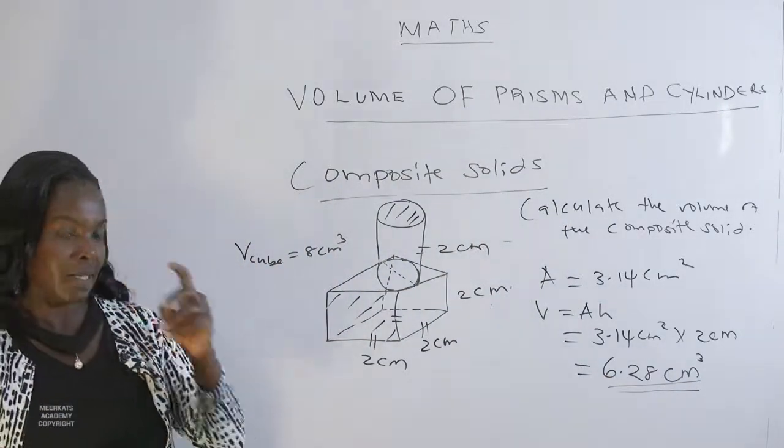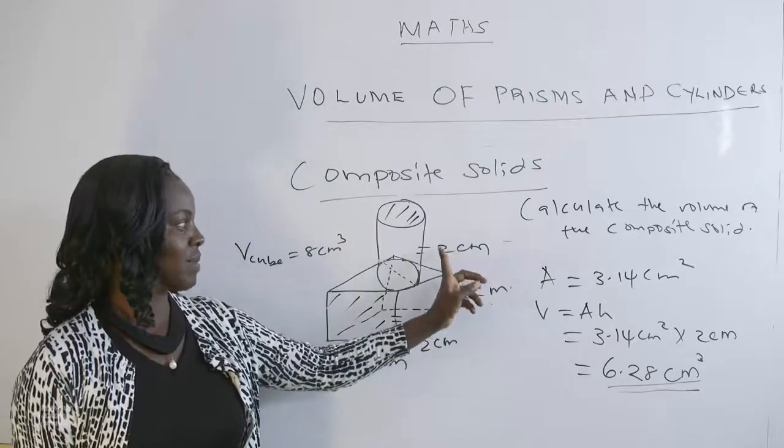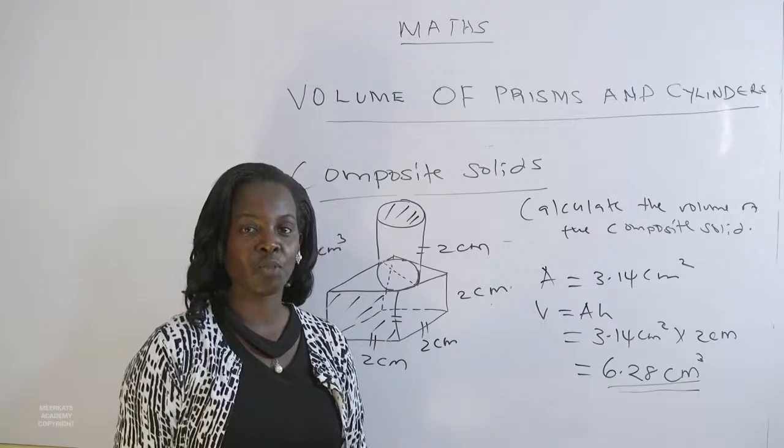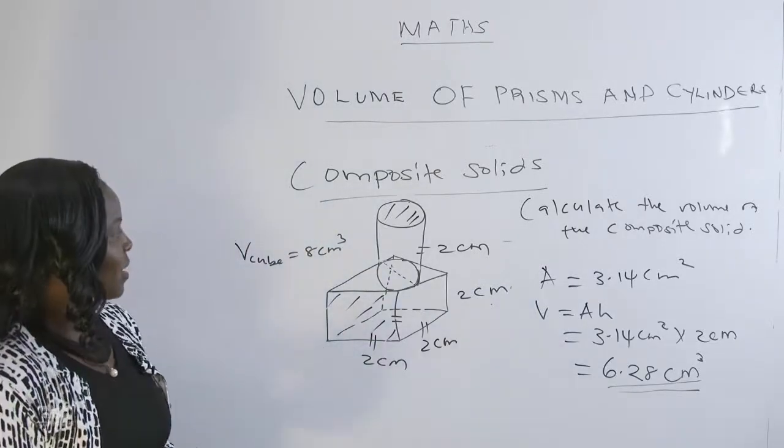So that will be 3.14 times the height, which is 2, and will give us 6.28 cubic centimeters.